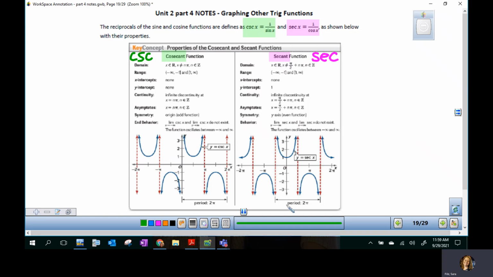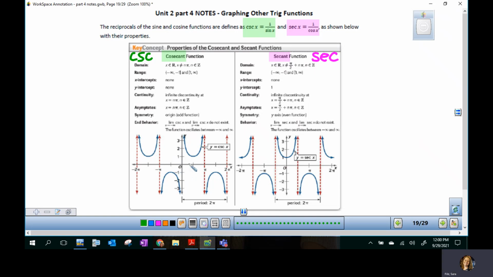So what I'm going to start with is I am going to sketch this sine curve here on the cosecant graph so that we can compare the two, because I think that will help you to determine the difference between cosecant and secant, because they're very similar, just like sine and cosine are very similar.